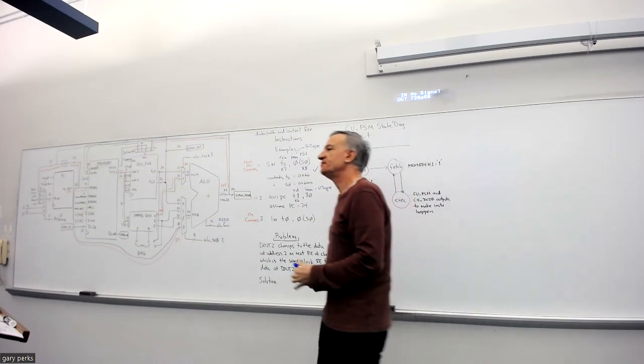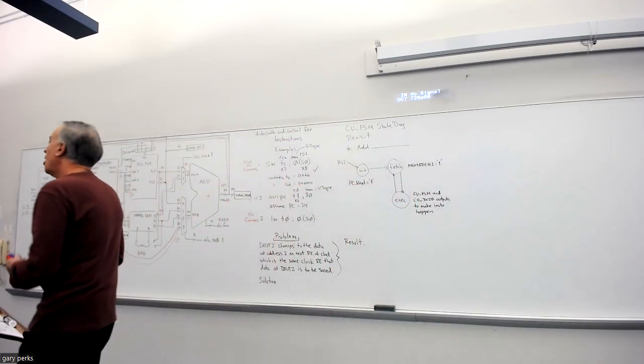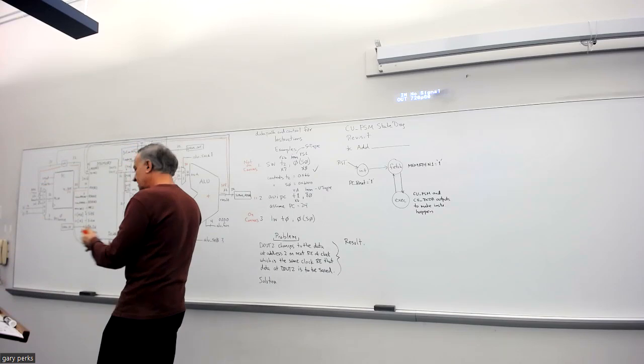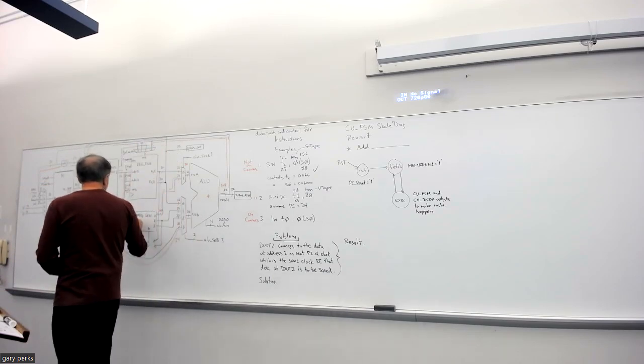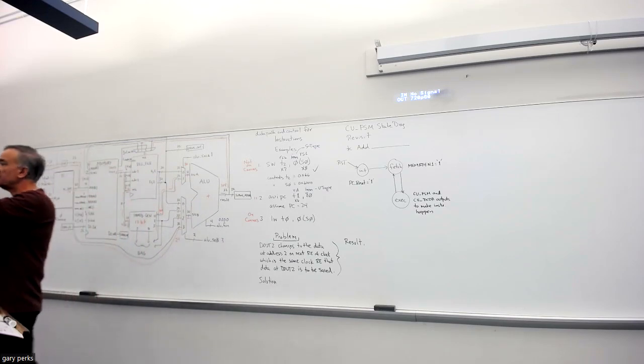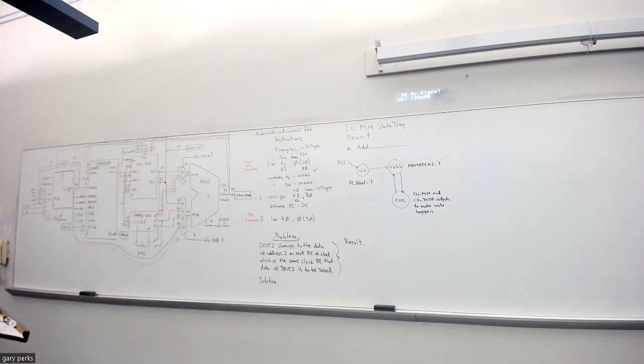Where does the left shift by 12 happen? Oh, I'm so glad you asked that. It happens right here. It happens in the immediate generator, because if you look at the U type, bits 0 through 11 are all 0. So it's taking whatever the immediate is and shifting it up by 12 bits.